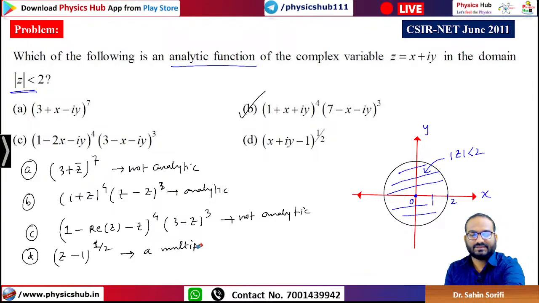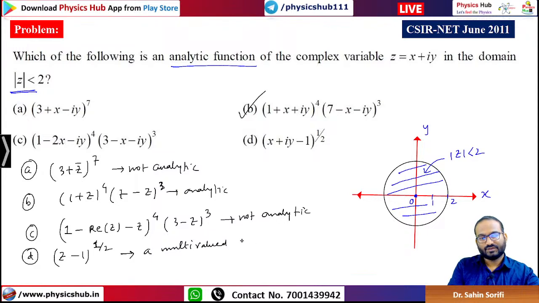This requires a special lecture on branch points and branch cuts. It is a multi-valued complex function having a branch point at z equals 1.